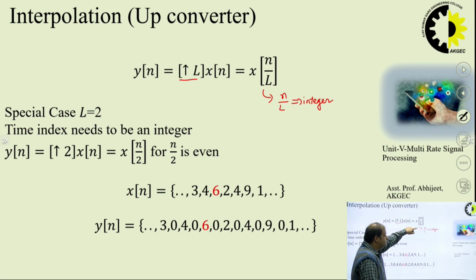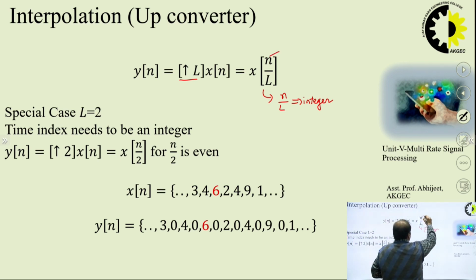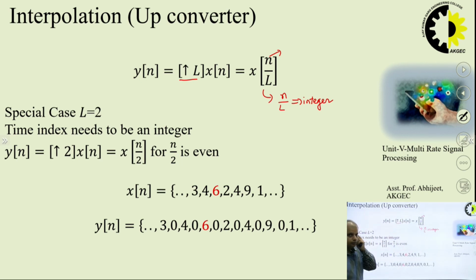If n is equal to 0, nothing. If n is equal to 1, L has to be 1. If n is equal to 2 and L is an integer, the values of n that will be permissible will be even. Suppose I take the case of upsampling by 2, so x of n by 2. What happens in n by 2? We are multiplying the time axis by 2, which means between 2 samples I am putting one more.